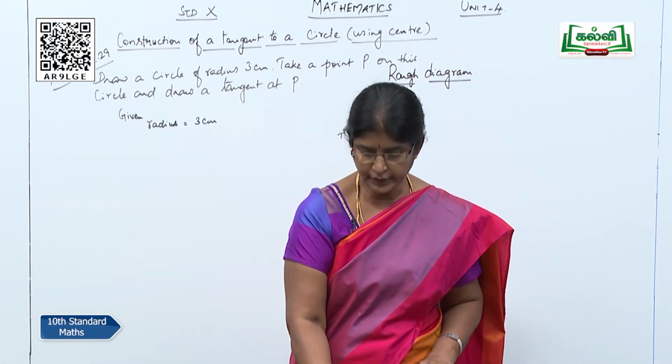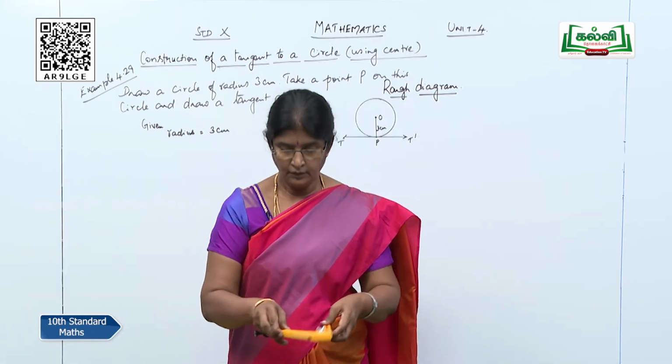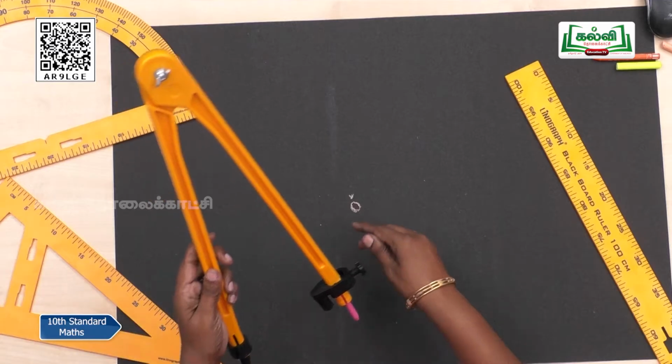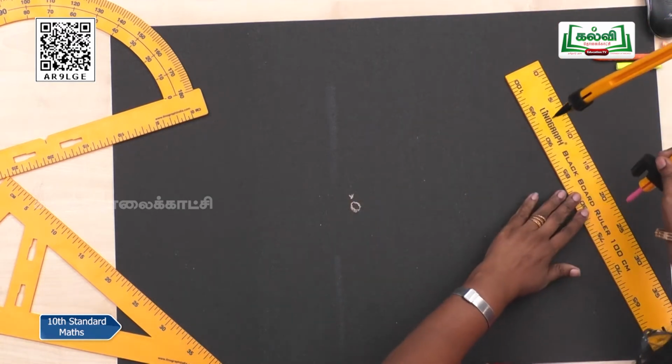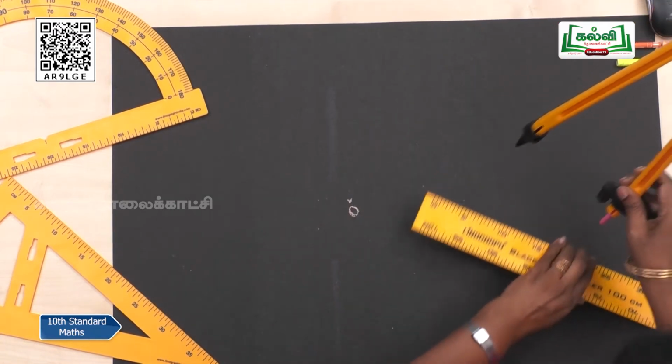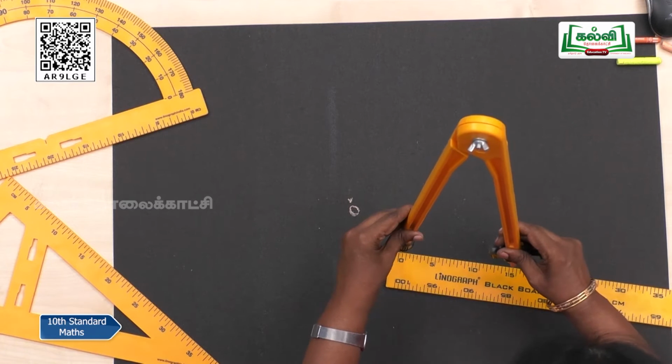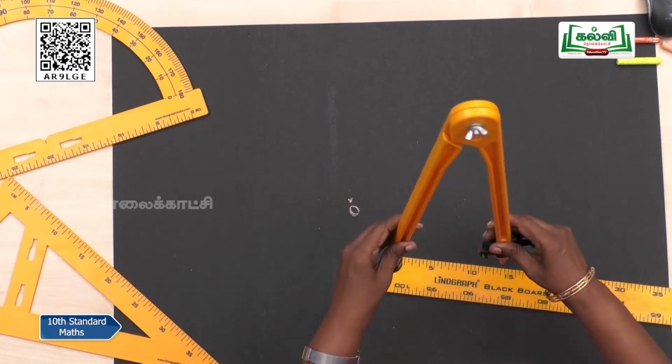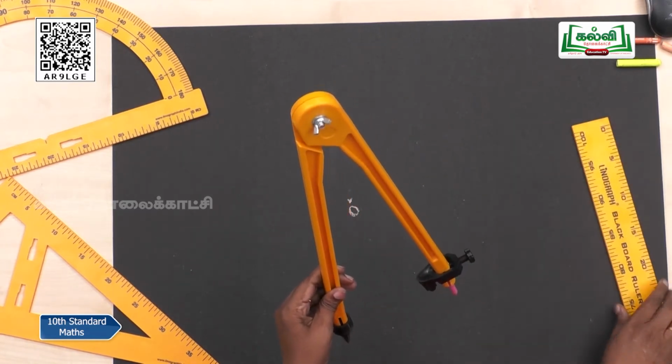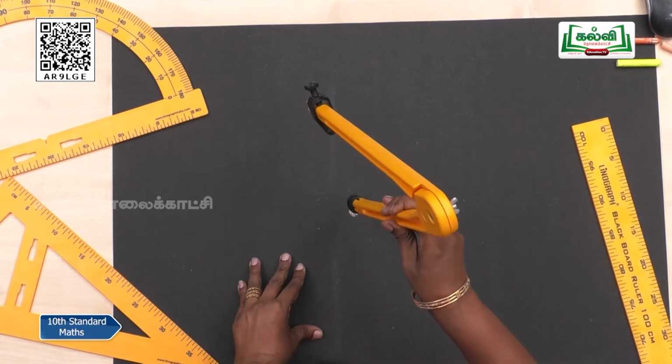First of all, you have to keep O as a center. Now, mark a point O first. Now, you are going to measure 3 cm in the scale. After this, use this 3 cm as a radius, draw a circle.